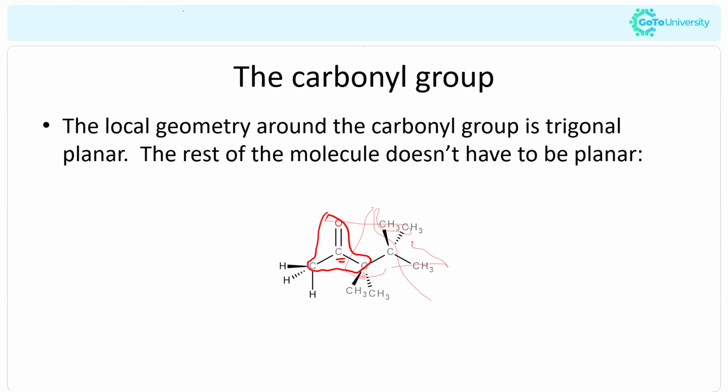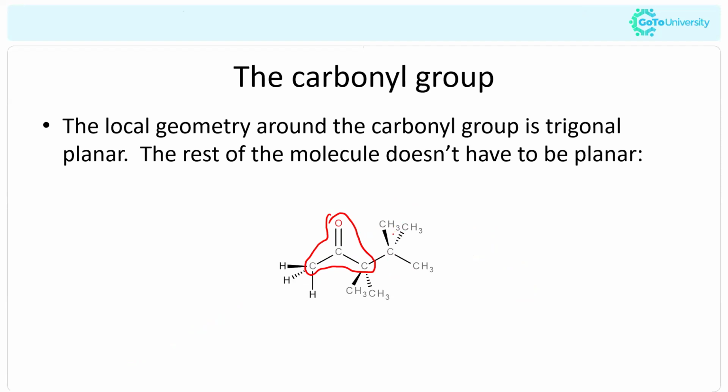Whatever group remains is not planar actually.